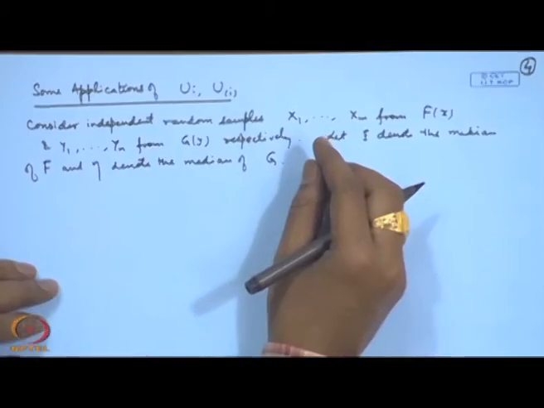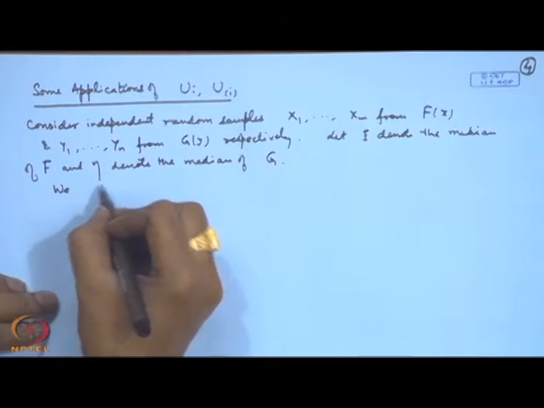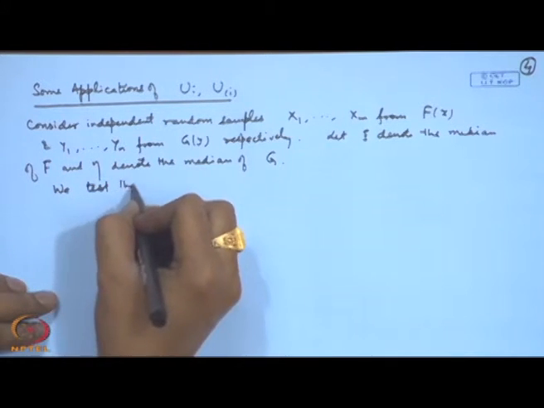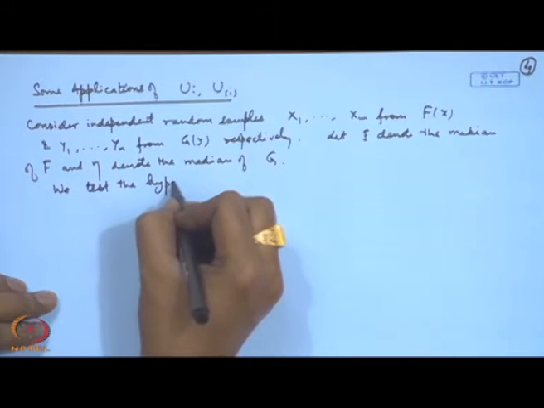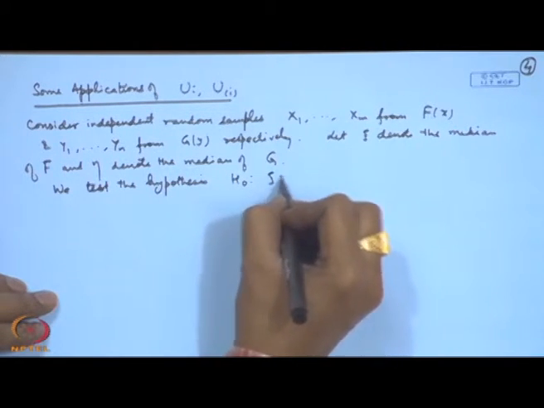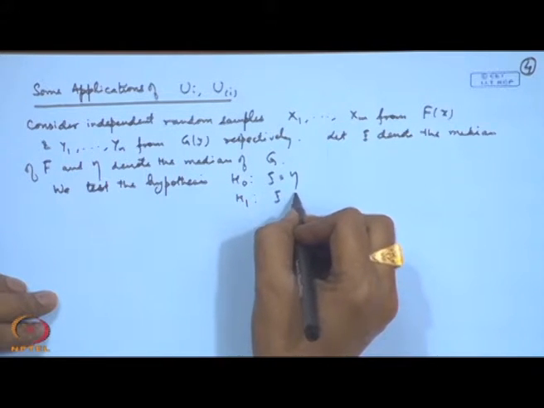So, similarly, when we are considering the non-parametric situation, we would be interested in testing whether xi is equal to eta, or xi is less than eta, or xi greater than eta, etc. So, we can consider this hypothesis problem: xi is equal to eta against say xi less than eta.